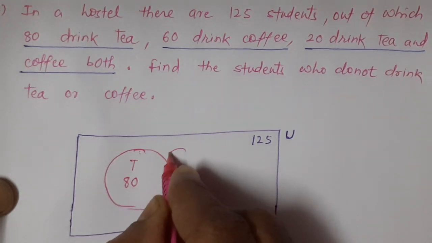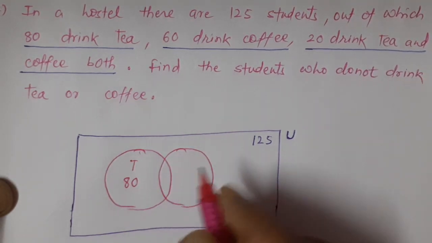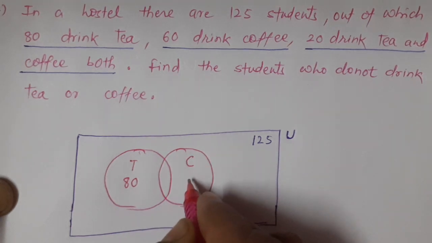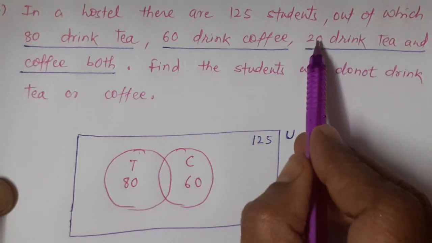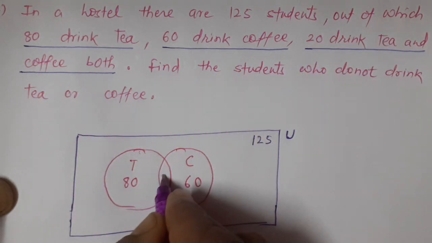And I am drawing another set for coffee. How many students drink coffee? 60 students drink coffee, but there are 20 students who drink tea and coffee both. So these 20 students I am depicting by this intersection.